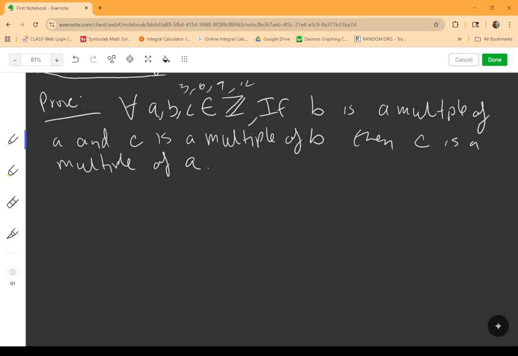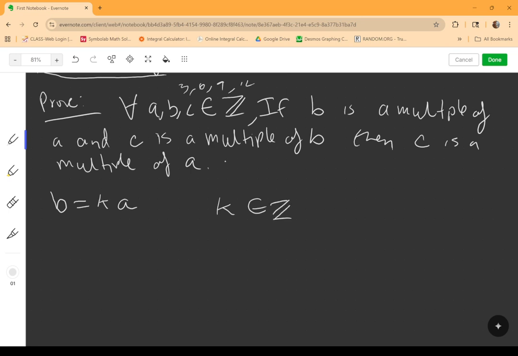We can write 12 as 3 times 4. So if B is a multiple of A, that means I can write B as K times A, where K is some integer.